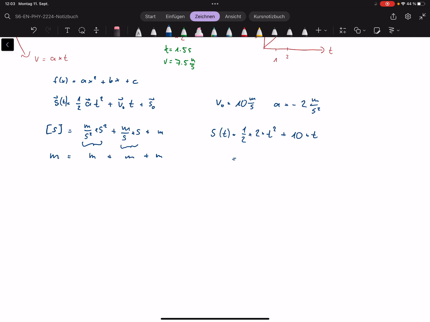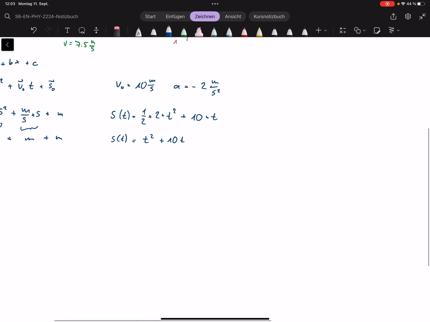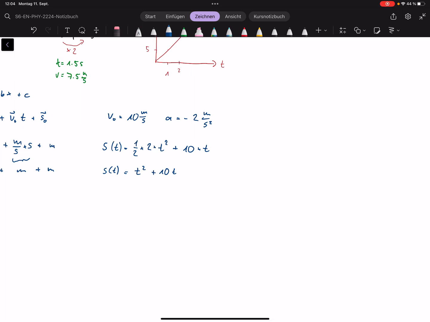So this is t squared plus 10t, and again, not a big surprise. We see that this must be a parabola, and this is a special one, but we see that later.